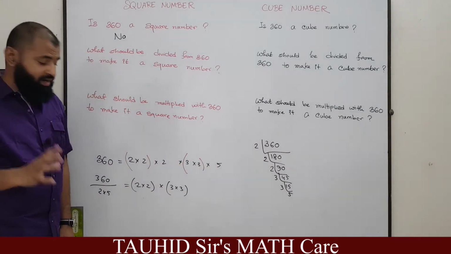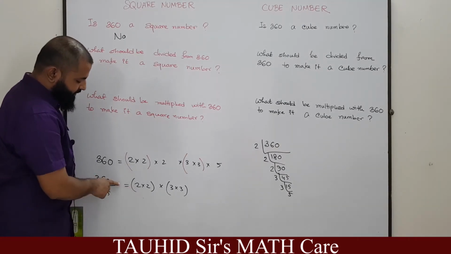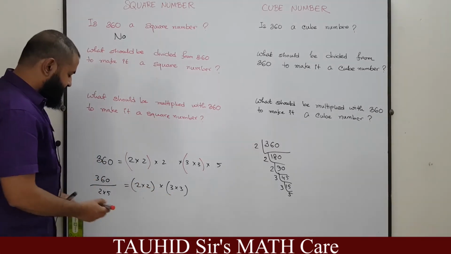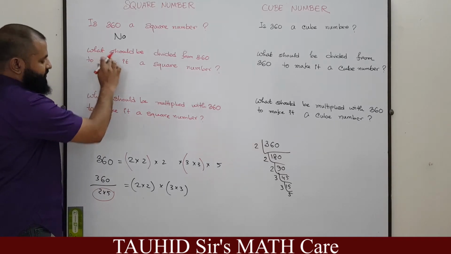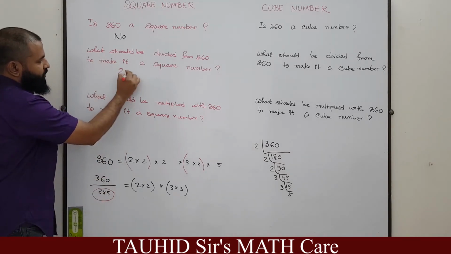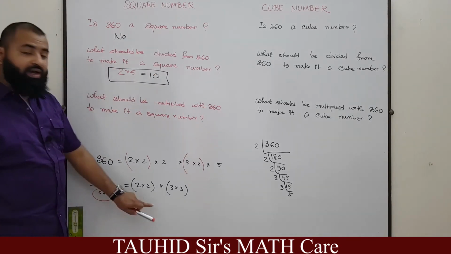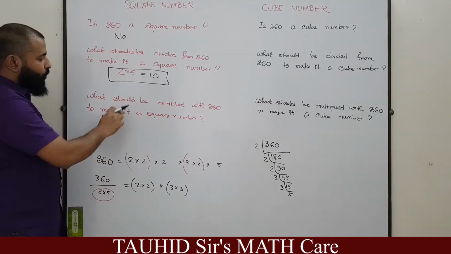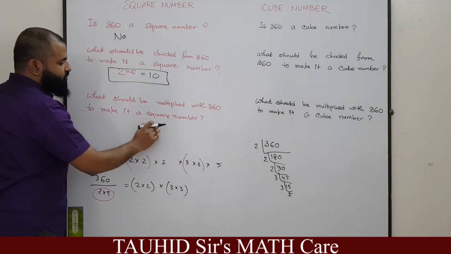So if we write 360 divided by 2 divided by 5, we can write this as 2 into 2 into 3 into 3. Hence, we can say that if we divide 360 by 2 into 5 or 10, then we find a square number.